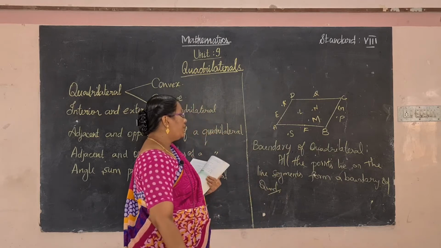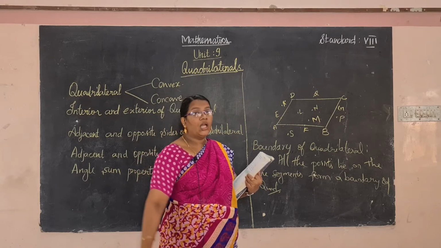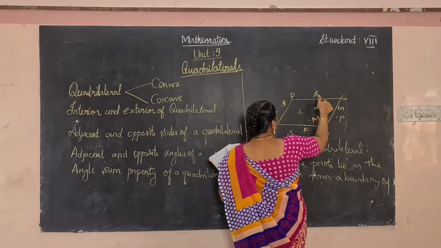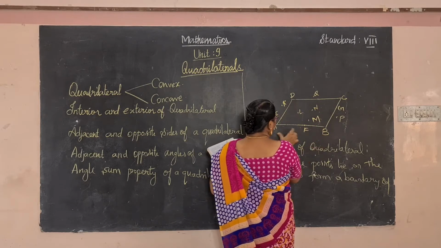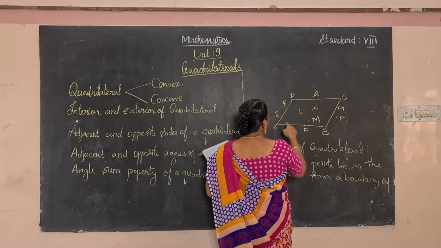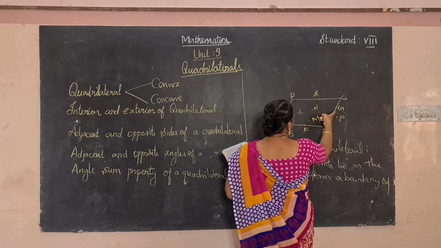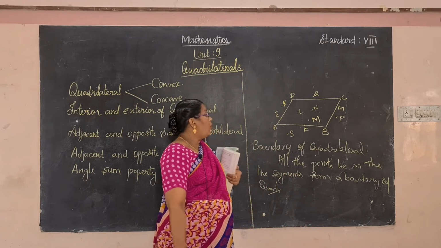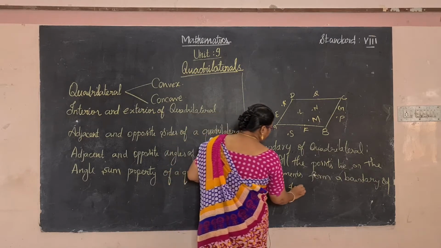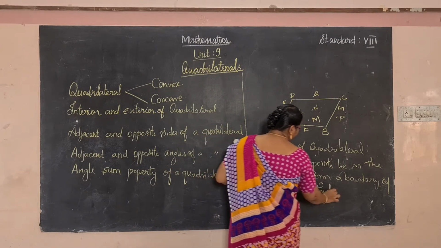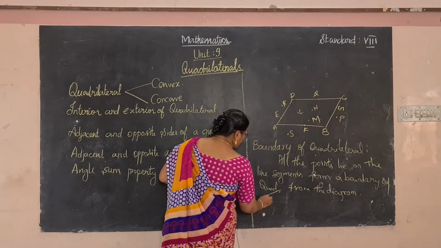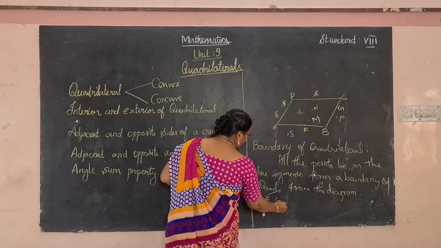Okay, so boundary of the quadrilateral means all the points lying on the line segments. AD and AB, BC, these are the line segments. Which are the points that lie on the line segments? E, F, G. So these points are called the boundary of the quadrilateral. From the diagram, E, G, F.